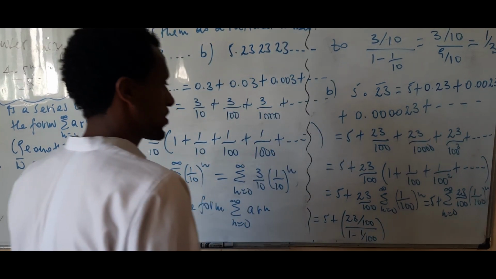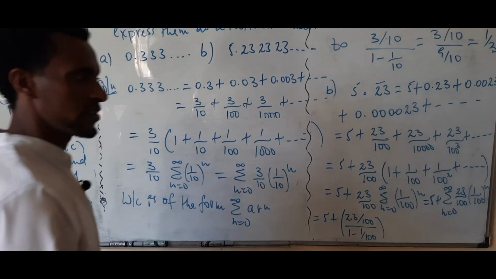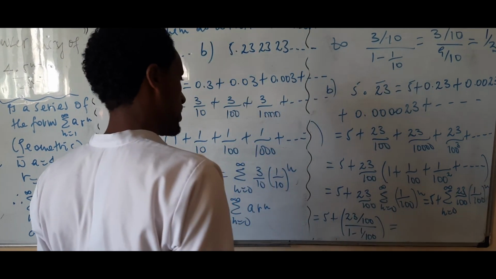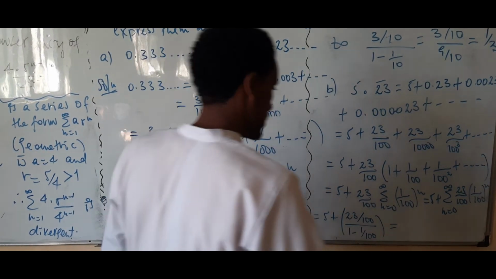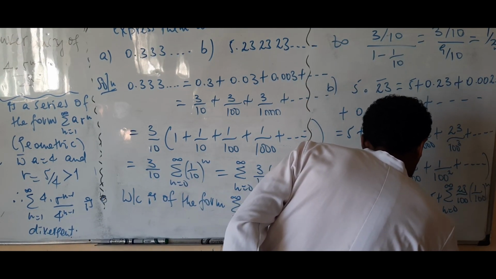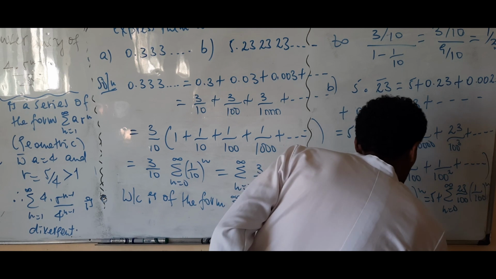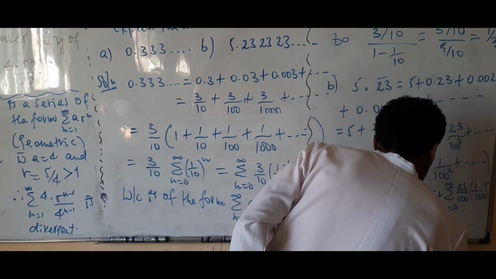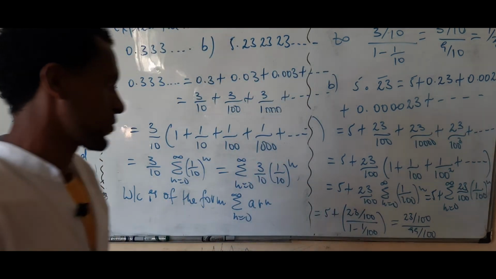5 plus this one, that's equal to 23 over 100 over 99 over 100, isn't it?